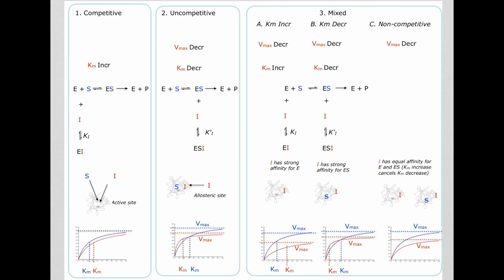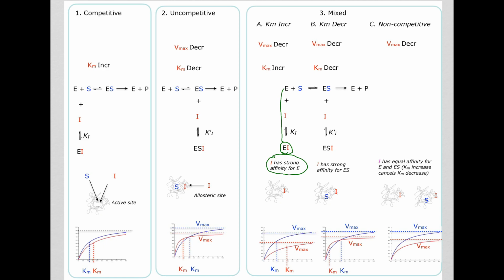In the first type, A, the inhibitor has a stronger affinity for the free enzyme.